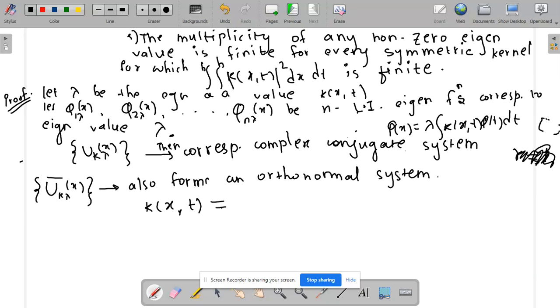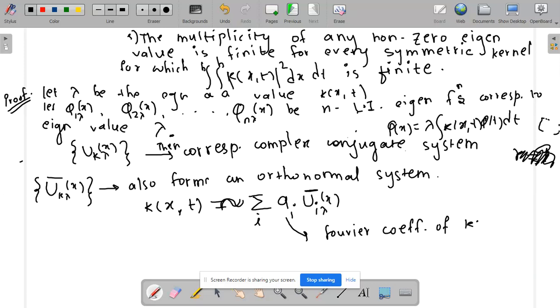It will be approximately equal to the summation over i of a_i u_i lambda of x bar, where these a_i are called the Fourier coefficients of k(x,t).